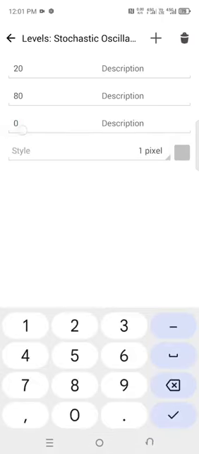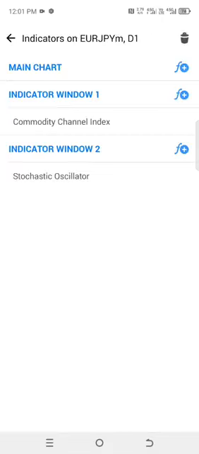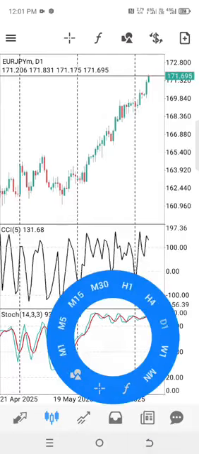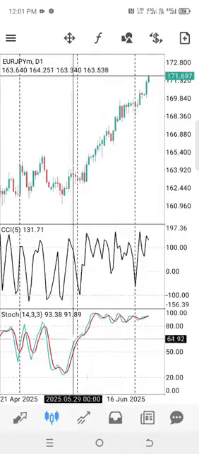So I'm going to add that to my chart. Good. And this is my stochastic oscillator, guys.